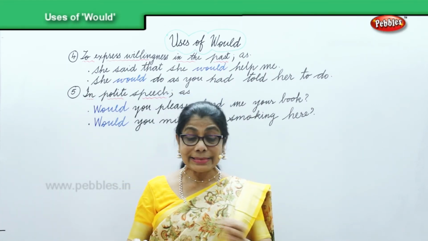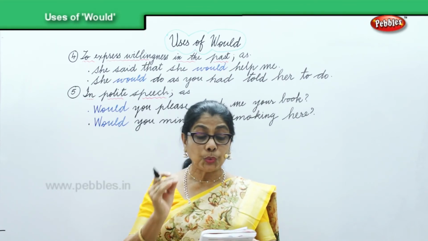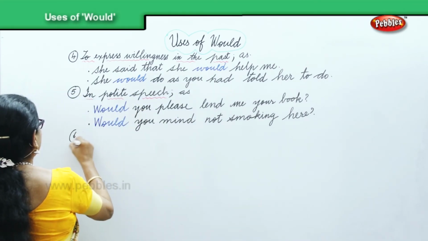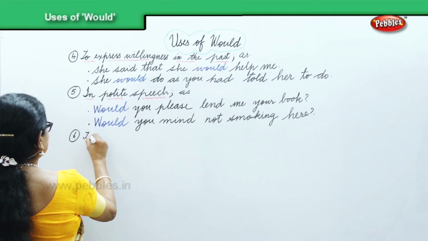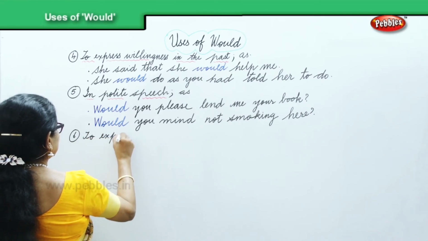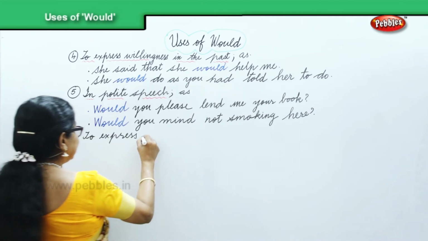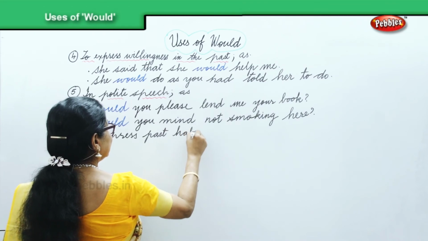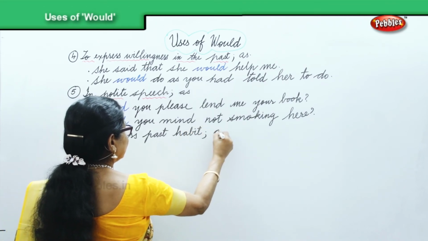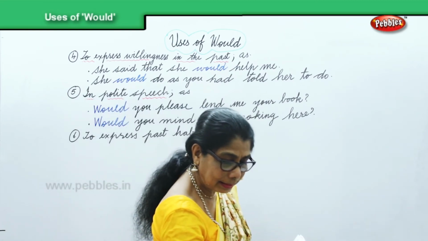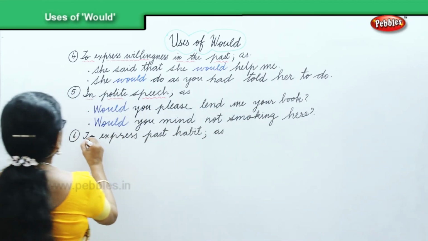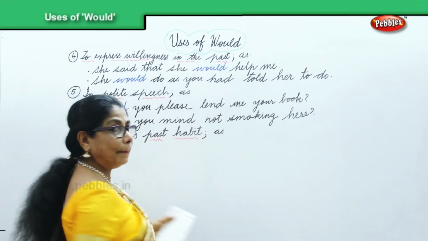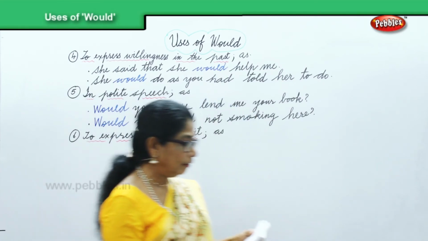And then the sixth type is to express past habit. That's the sixth one. Let's look at the sentence. To express past habit. What's the sentence we have?